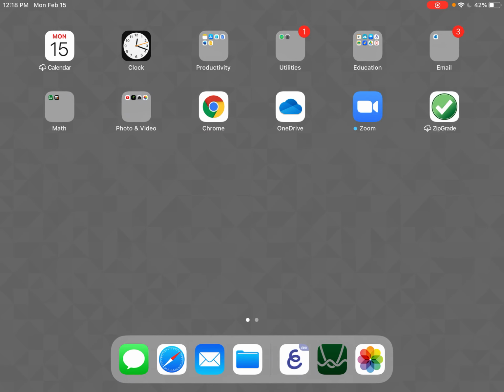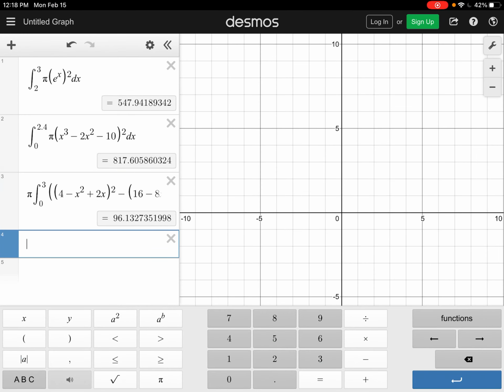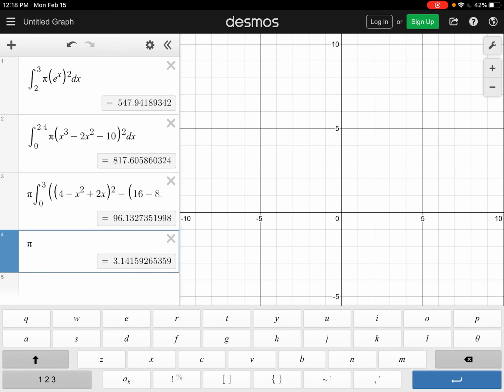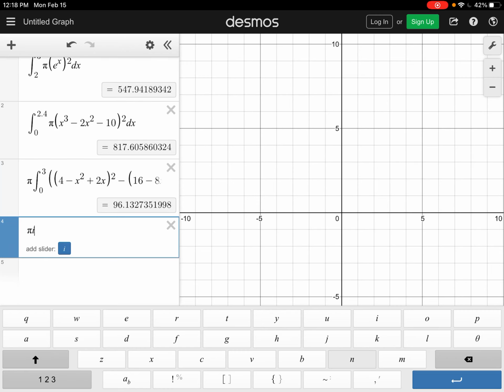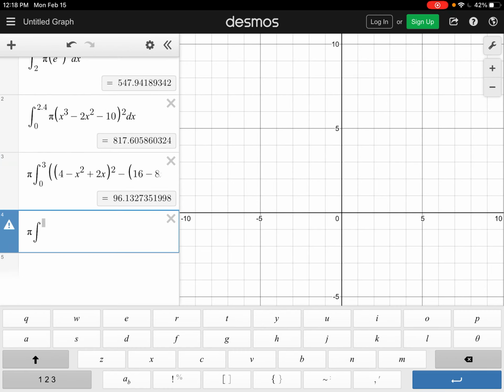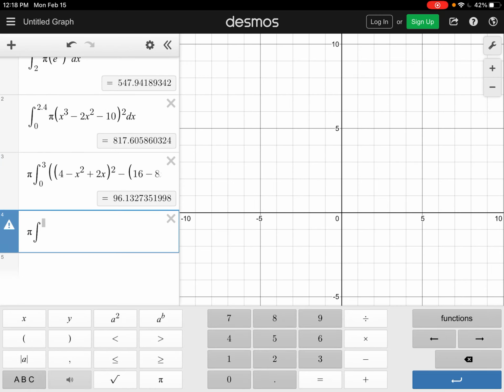And if we take that to Desmos, I don't think I put it in, so let me go ahead and show you that one. All right, so type in the letters pi, that'll get you the pi, and then int for integral.